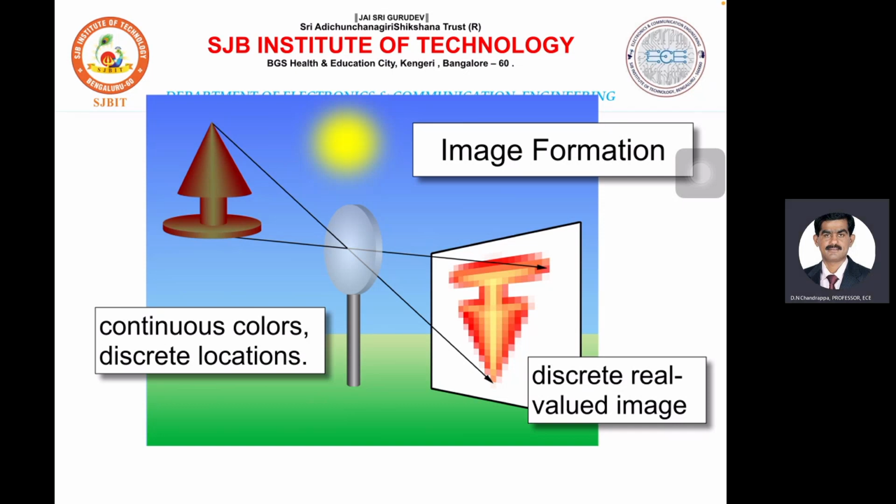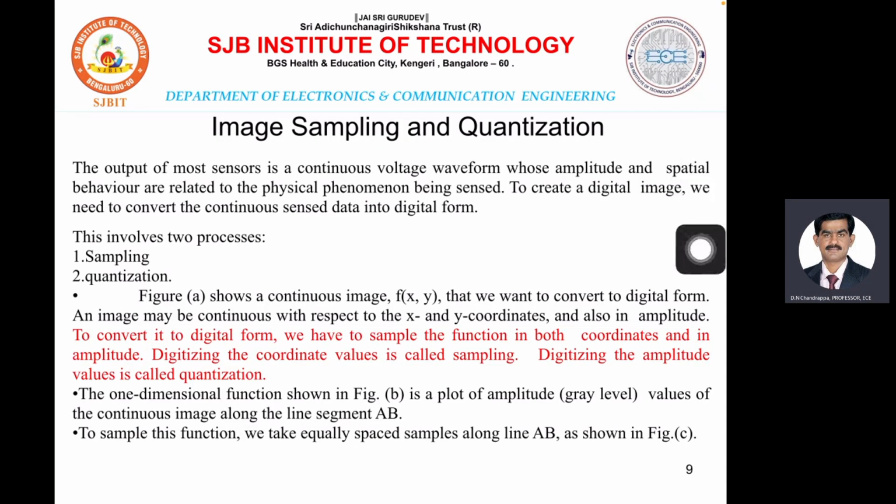Now I'll come to the basic definition of sampling and quantization. If you want to create a digital image, we need to convert the continuous sensor data into digital form. Mainly we have two types of process to digitize the analog image into digital form.